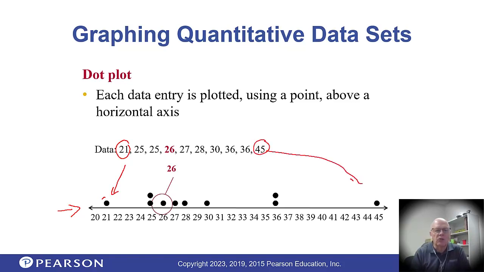You've got to make sure there's room for that on the right. You probably don't want too much extra on the right and on the left, because that will make your dot plot look a little bit strange, and you won't be able to see patterns quite as easily.